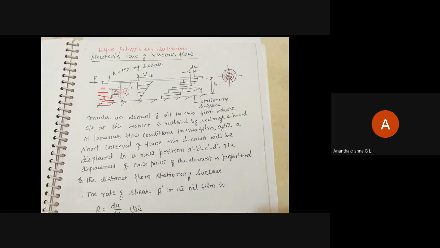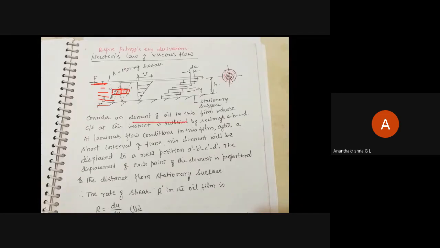In that, one layer of fluid is taken in the form of a rectangle ABCD. Because one surface is moving and the other is stationary, this fluid element is subjected to shear, and it will get sheared into a shape like A dash, B dash, C dash, D dash. That is the description given here.